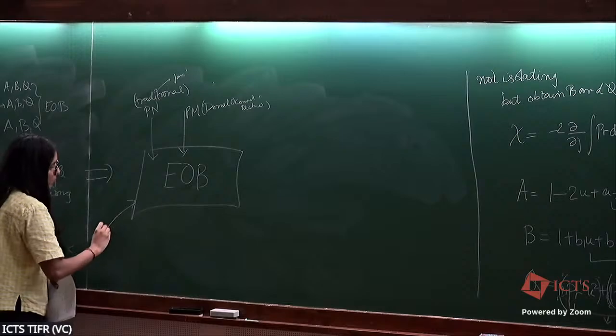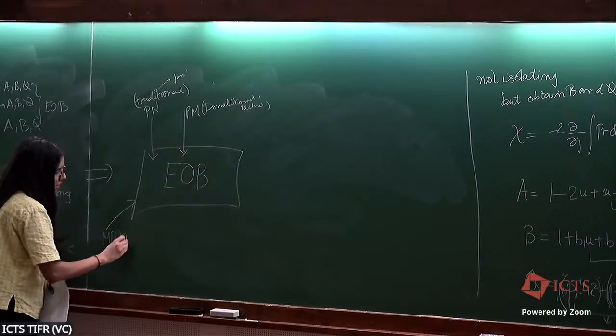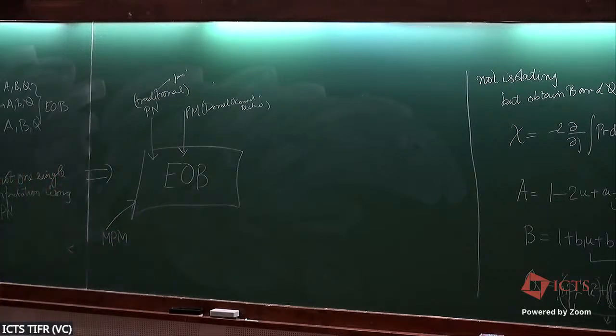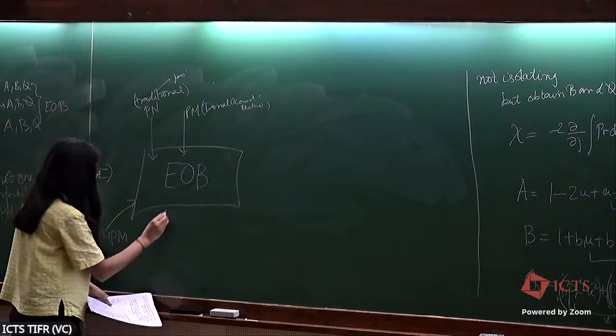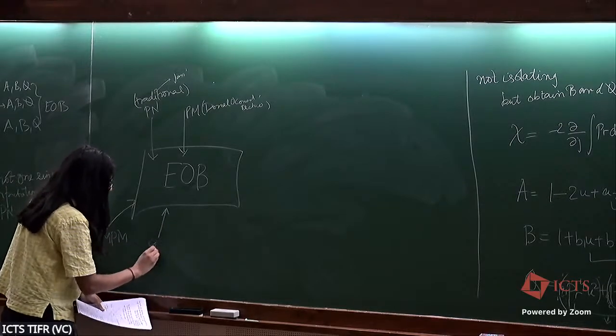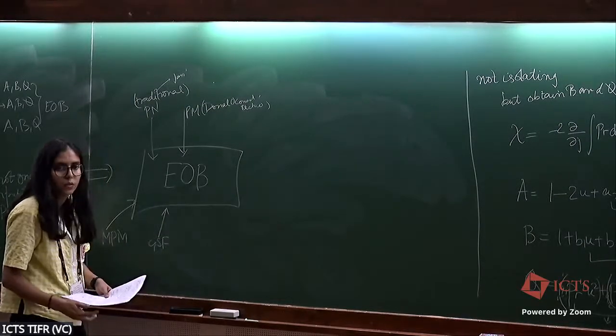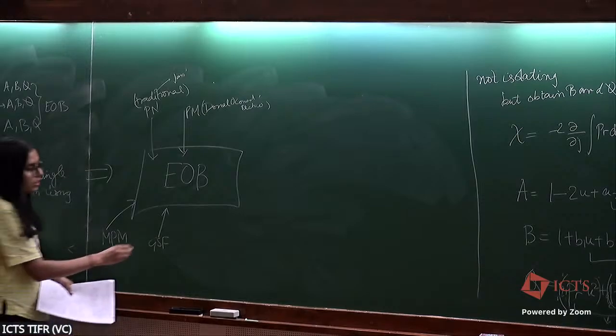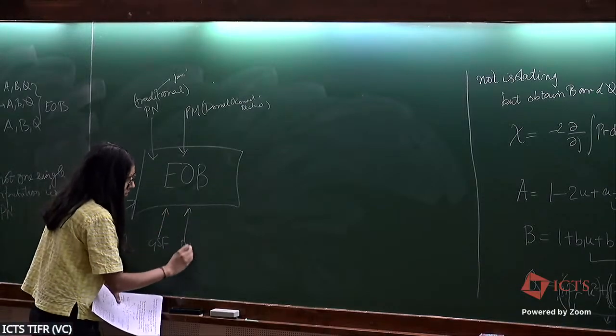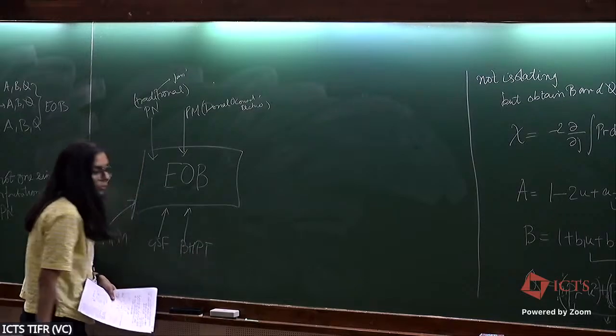It uses MPM, which is in some sense separating out the tail effects from the local piece, which you also have studied in last week's lectures. Then it can also use gravitational self-force results. We also saw that when we attach ring down to it, we use black hole perturbation theory results.